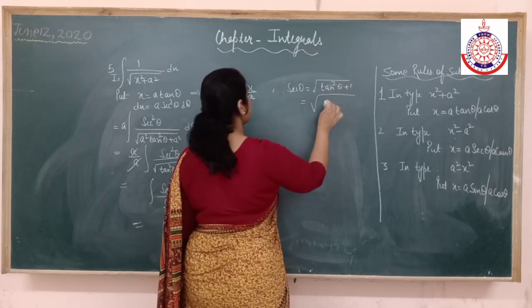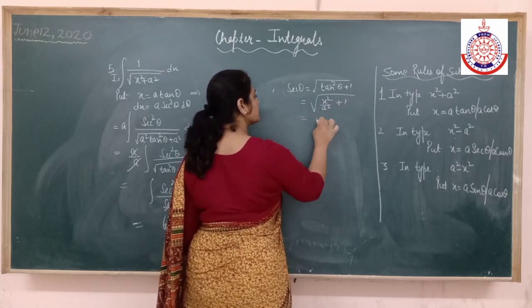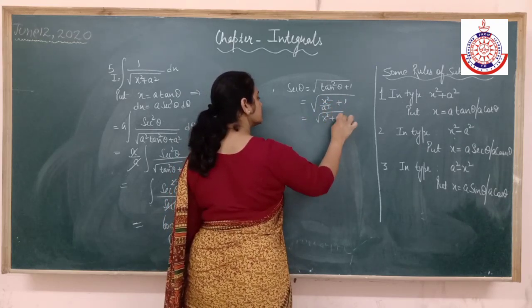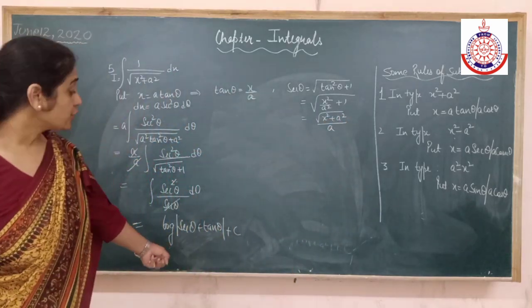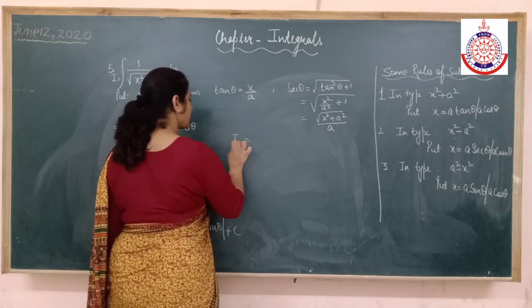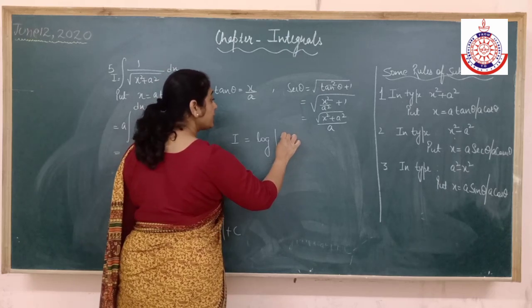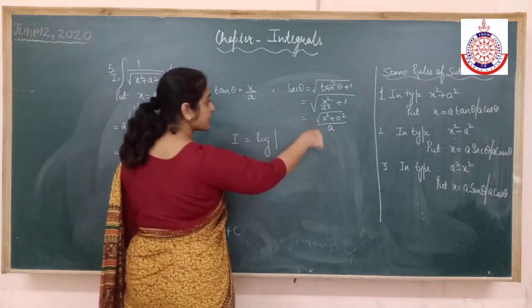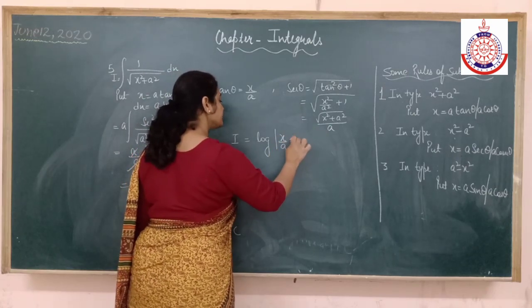Put the value of tan, put here the value of secant theta and tan theta. It will be secant theta is this, tan theta is this, so I will just keep tan theta in front.